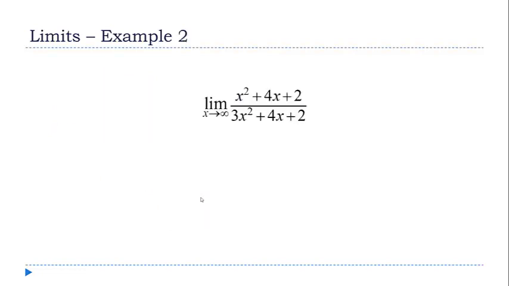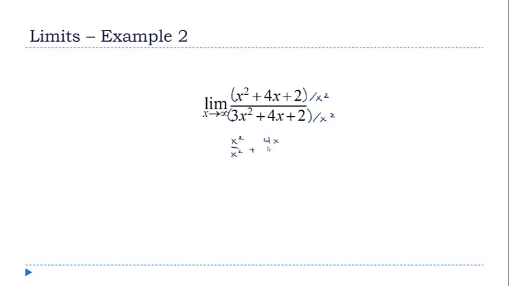So here we have another limit at infinity situation, but where the function is more complicated. So to see what's happening here, I'm going to take the unusual step of dividing the top and bottom by x squared. When I do that, watch what happens.